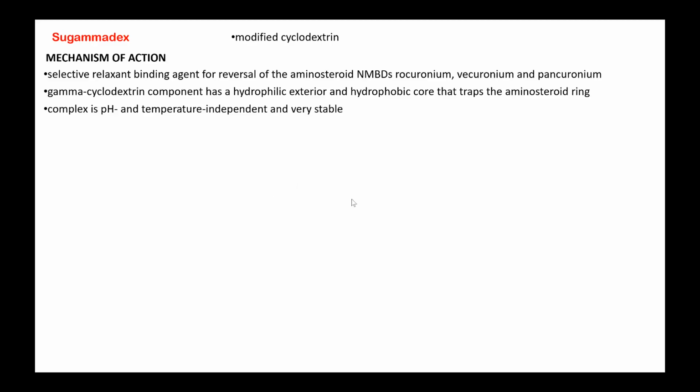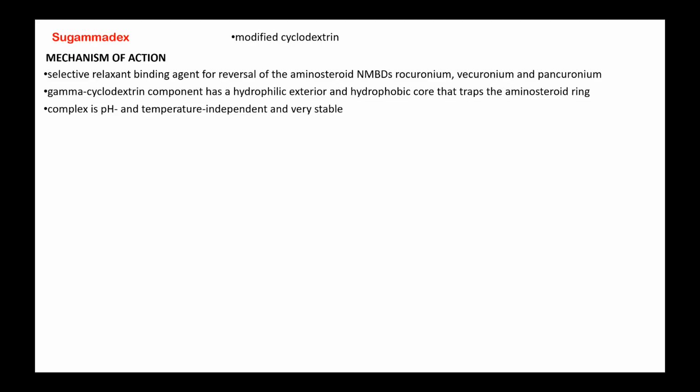So here, what happens with Sugammadex is that it first traps all the free circulating plasma drug, so that there is a concentration gradient between the neuromuscular junction drug, which is blocking the receptor already, and the plasma level. And so it draws out the drug which is attached to the acetylcholine receptors at the neuromuscular junction.